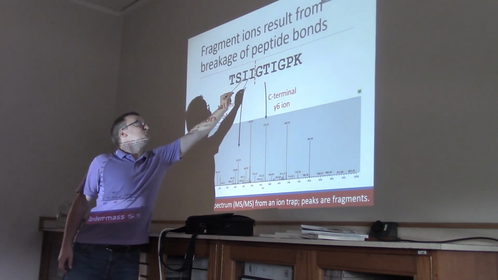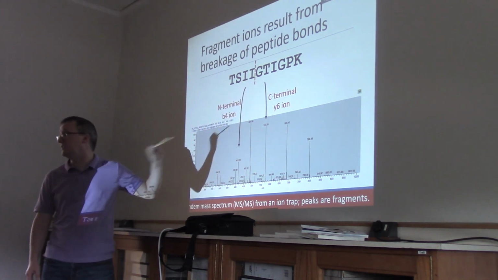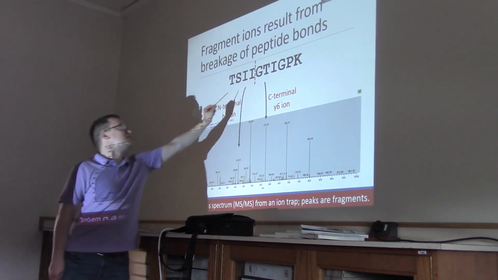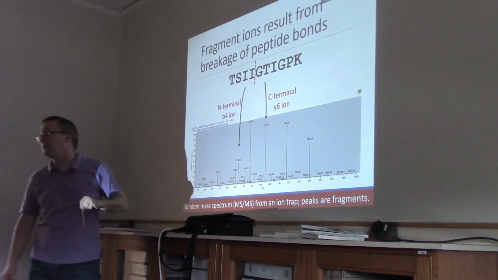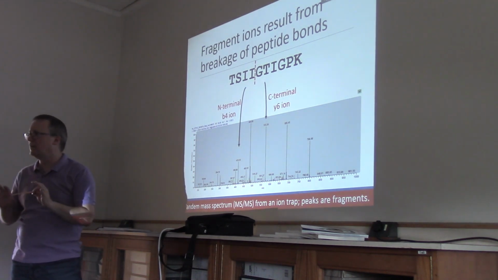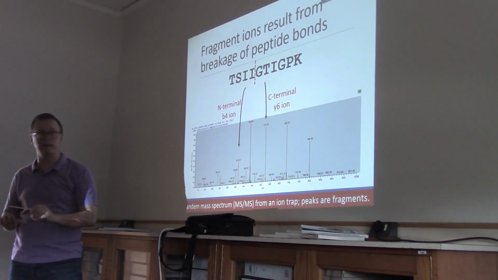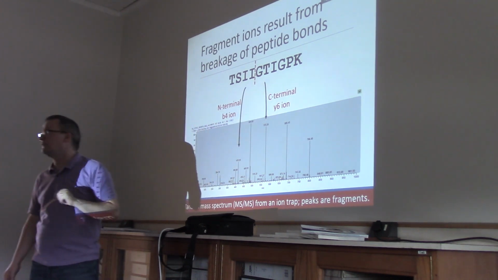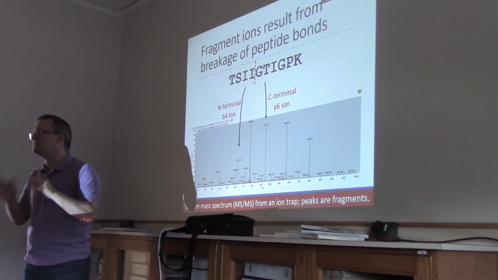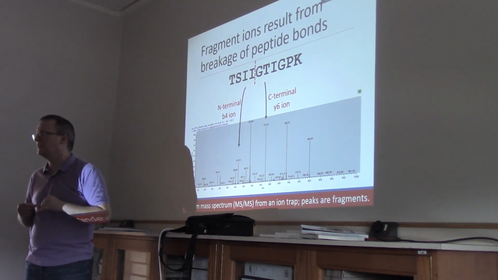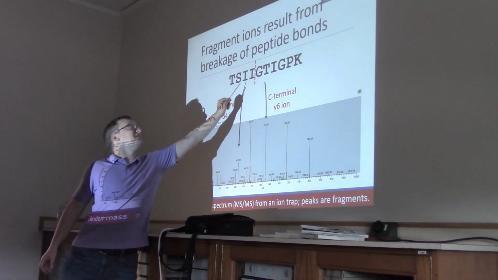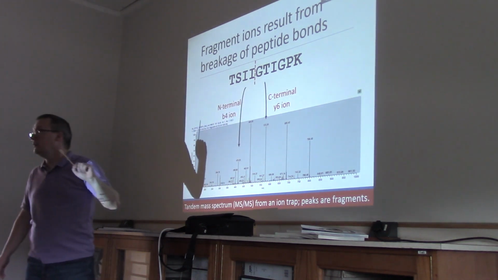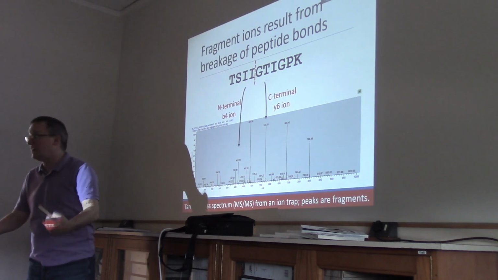Imagine that our breakage was not after the 4th amino acid, but instead after the 3rd. So TSI then break. What would happen to the mass of the Y ion, that's the Y7, versus the Y6? What's the difference in mass? If the breakage happens here rather than there, the Y ion gains isoleucine.